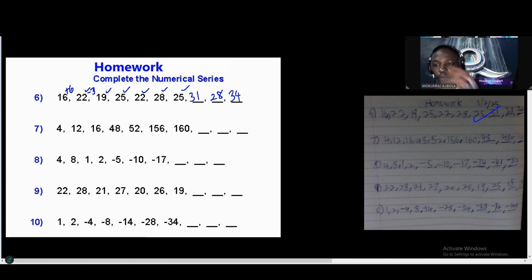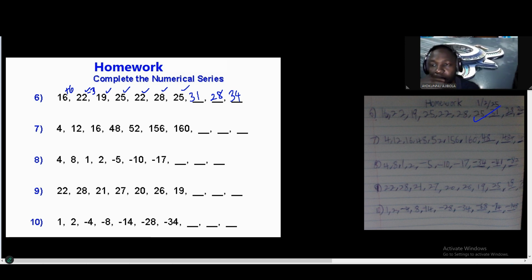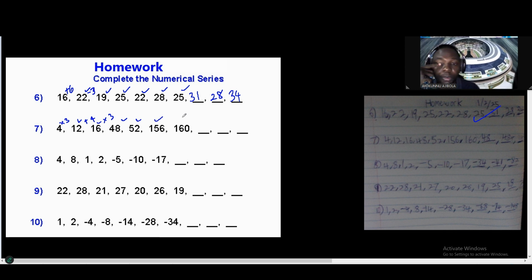What rule did you use for the second one? I think it's times 3 and then add 4. Okay, multiply 3 times, then plus 4, then times 3, plus 4, times 3, plus 4.